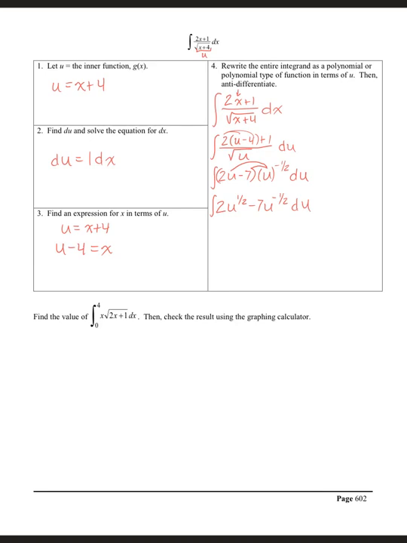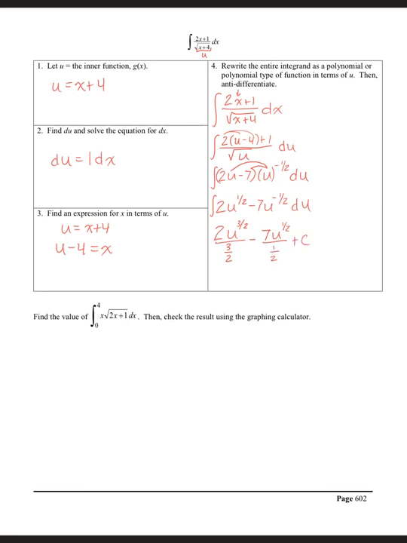This is something we can integrate. So I end up getting u to the 3/2 divided by 3/2 minus 7u to the 1/2 divided by 1/2 plus c.